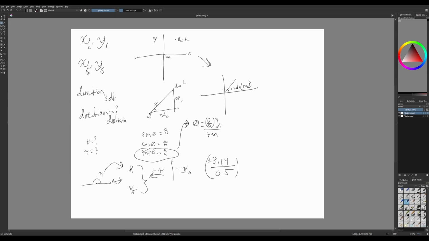Now, the only little gap in my knowledge that gets me concerned is when we measure theta for our set destination, will we or will we not be reading from north to either side, or will we be reading from here?